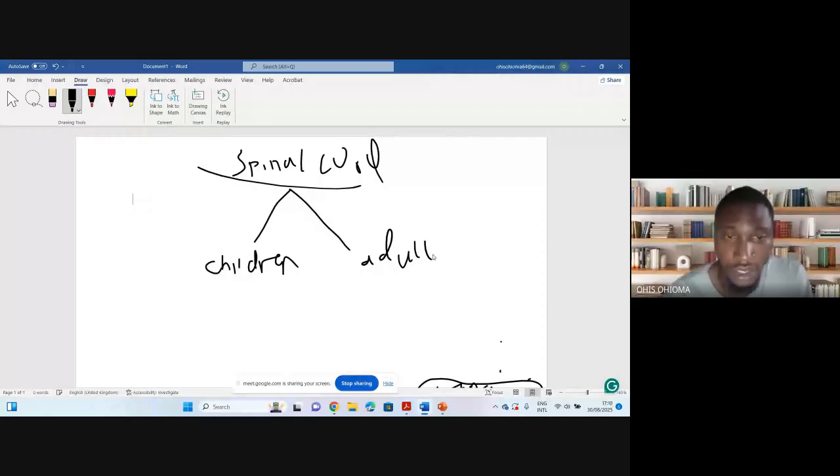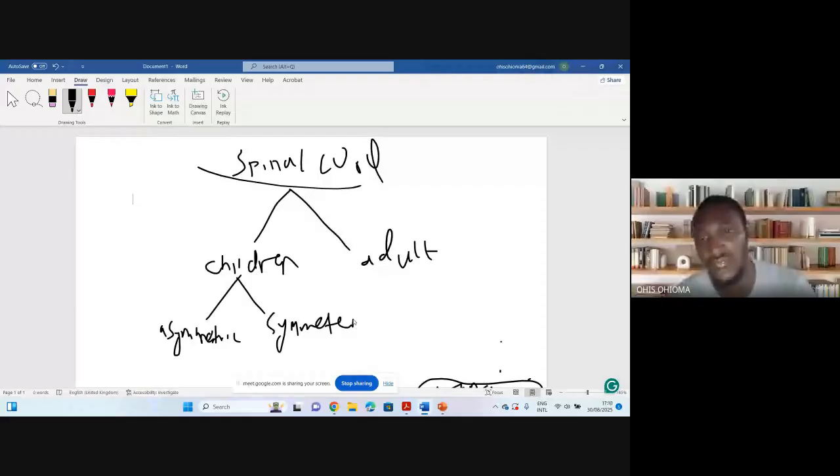The ones that affect children, I'm going to classify into those that cause asymmetric involvement, and those that cause symmetric involvement, right? And then the ones that affect adults, also asymmetric, and symmetric.